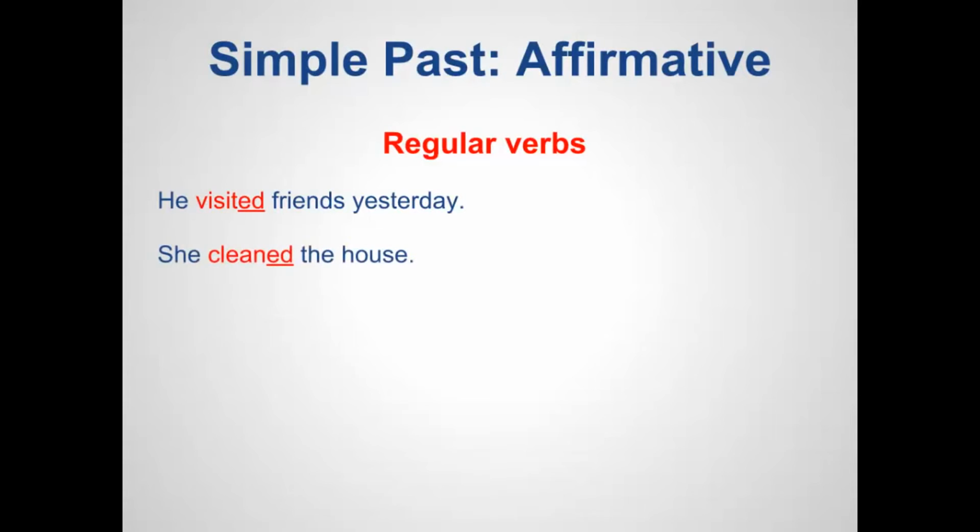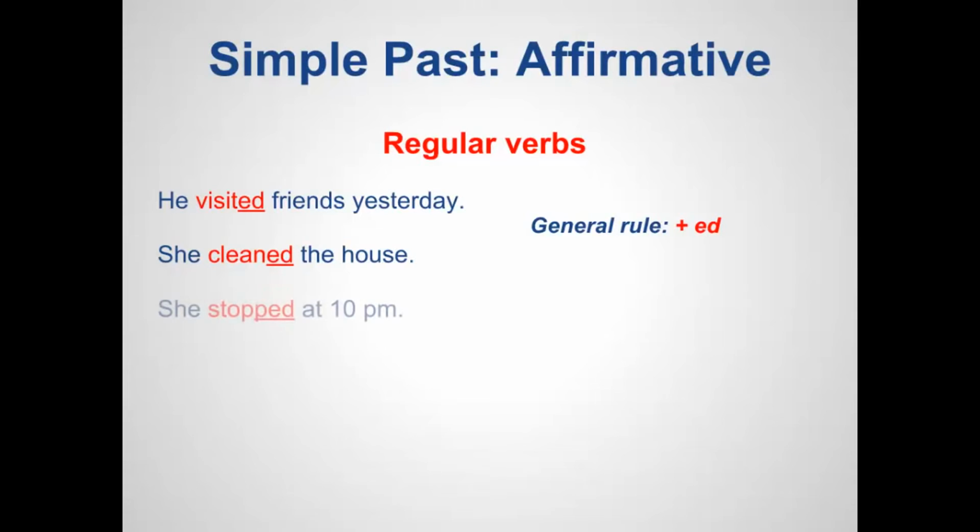And my mother cleaned the house. Now pay attention to these verbs and the spelling. The general rule is you add ed. So visit, visited. Clean, cleaned. No problem. So that's how you spell the verb in the past.